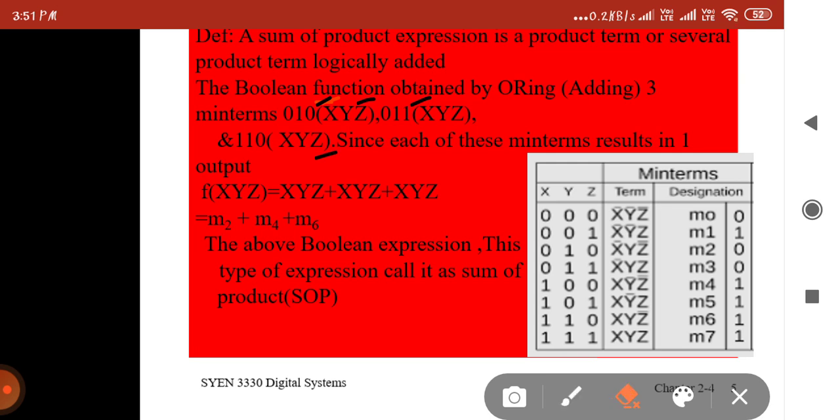1, 1, 0 is X, Y, Z bar. This expression can be written X bar, Y bar, X bar, Z bar.